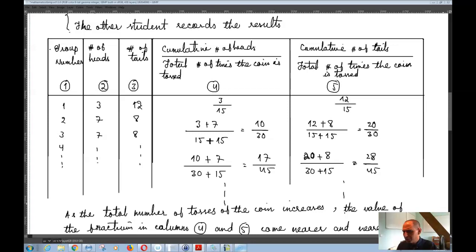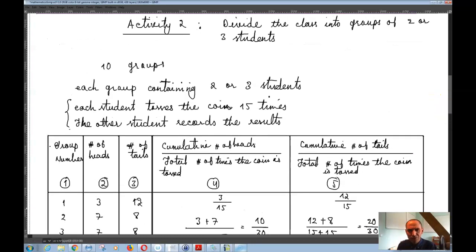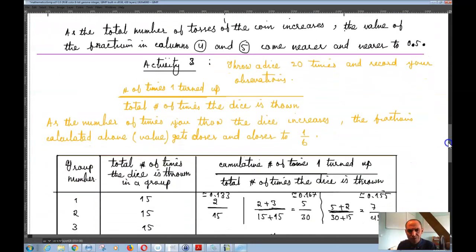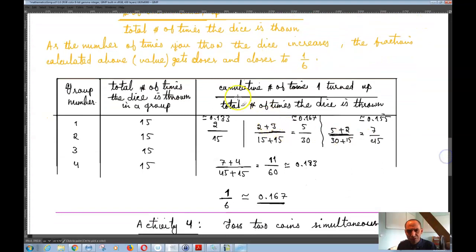Now, we have another activity here that says that before going further, look at the tables you drew up while doing activity number 3. Activity number 3 was this activity over here. So this is group 1 and this kind of table, I suppose. Find the probabilities of getting a 3 when throwing a dice a certain number of times.